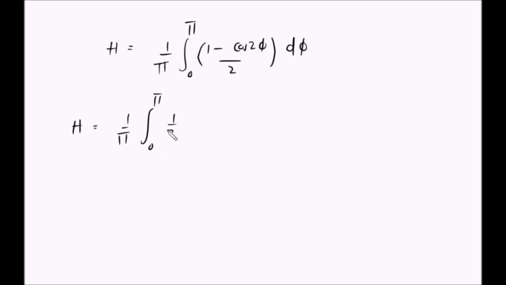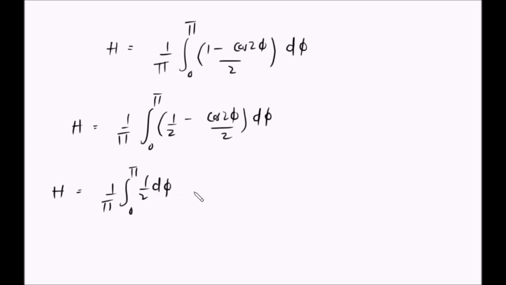So here we will have 1 over 2 minus cos 2 psi over 2 d psi. So our h will be equal to 1 over pi. So from 0 to pi, we're going to integrate 1 over 2 d psi minus 1 over pi, we're going to integrate cos 2 psi over 2 d psi.